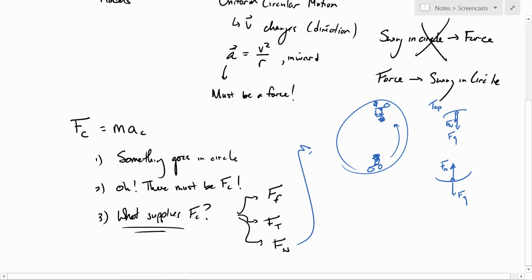And so when you're looking at this, the faster you go, the easier it is to go around a circle. So there is some minimum speed at which you can go around, and it's set by the top. Because one of the things you need to remember about this is that you lose contact with a surface if Fn equals 0.